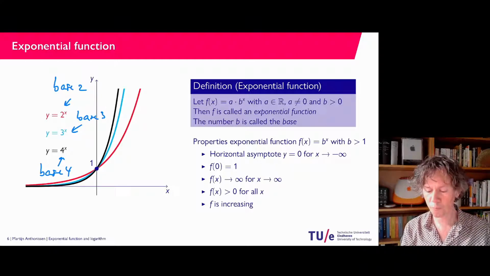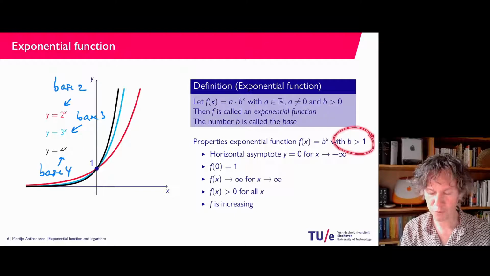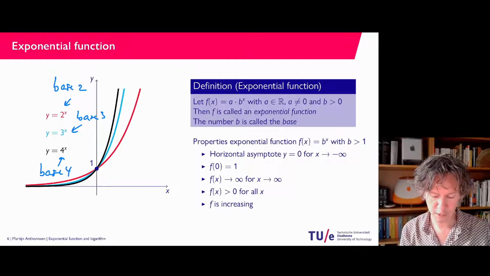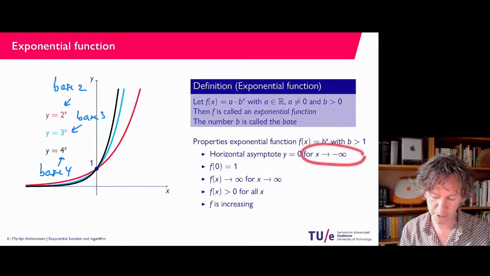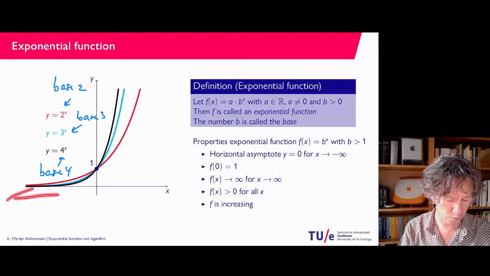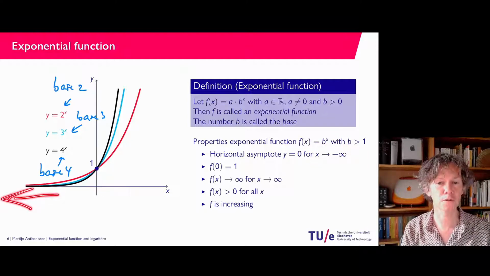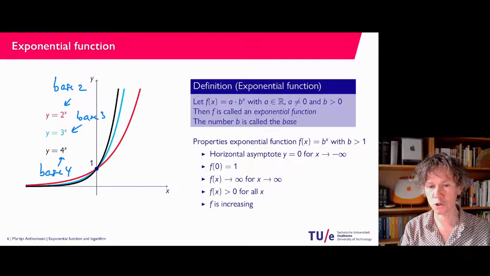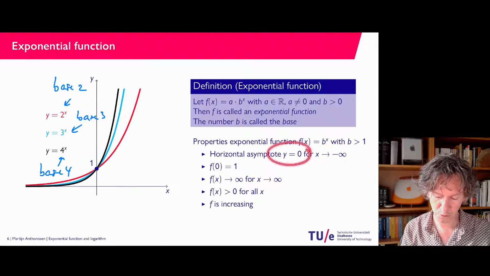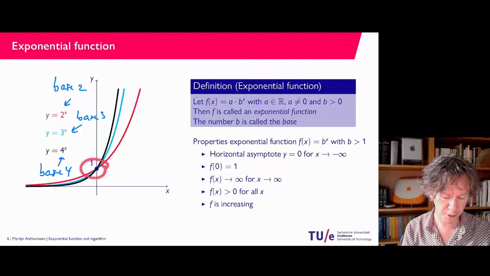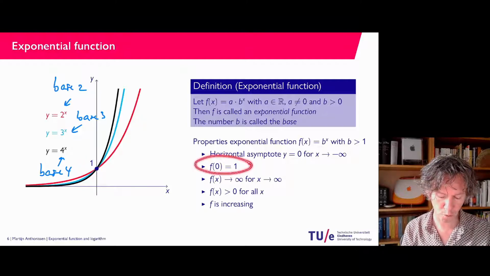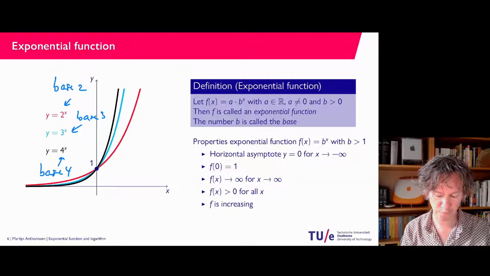And general properties for functions with b bigger than 1 are that if x goes to minus infinity, so if we look here, we let x go to minus infinity, you see that all of them go to 0, so y equals 0 for x going to minus infinity. You also see that for x equals 0, they all go through 1. They all go to infinity for x going to infinity.